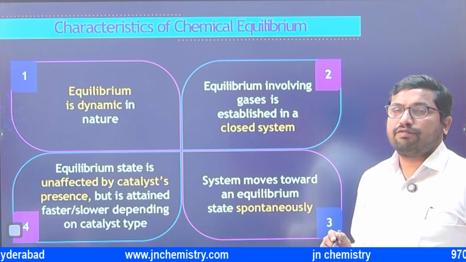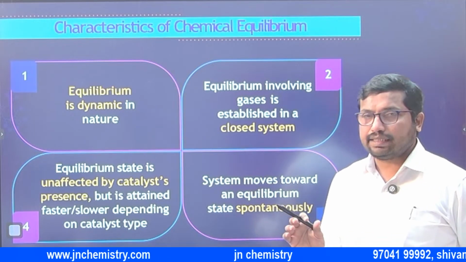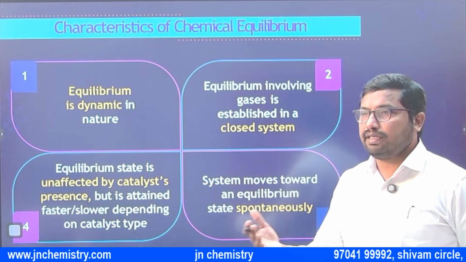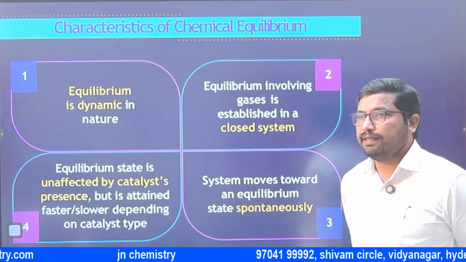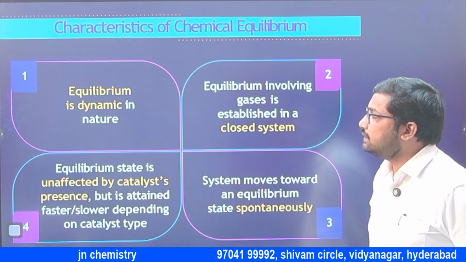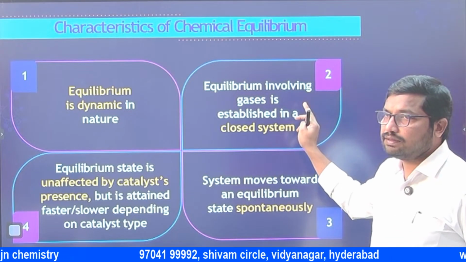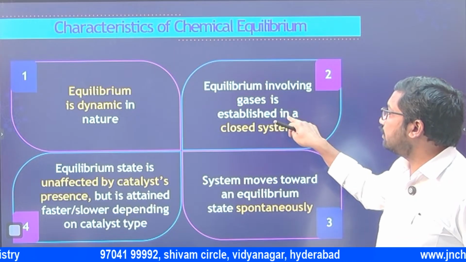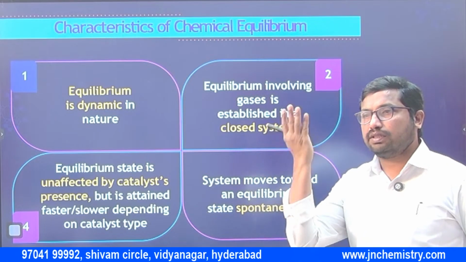After attaining the equilibrium, there is no role of the catalyst. Actually, the catalyst only helps the equilibrium to be attained quickly. Okay, write the points. Equilibrium is dynamic in nature. Equilibrium involving gases is established in a closed system. If it is an open system, the gas will escape.